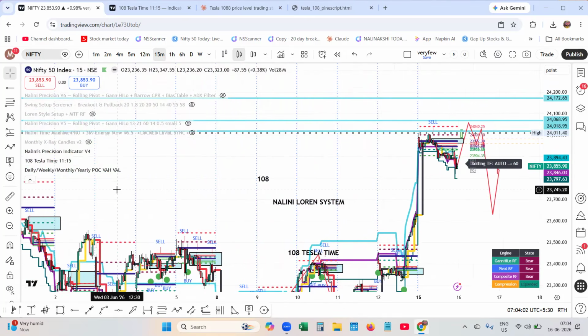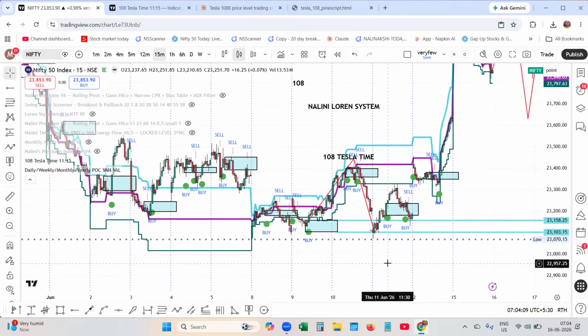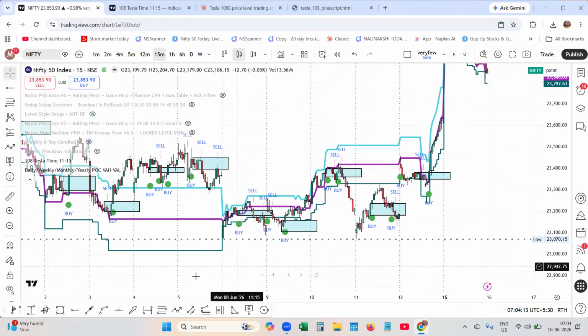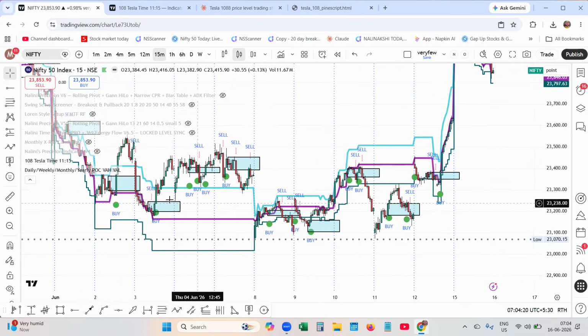The Nalini precision indicator I will also disable, just to check. This is the weekly POC and weekly value area high from my indicator.